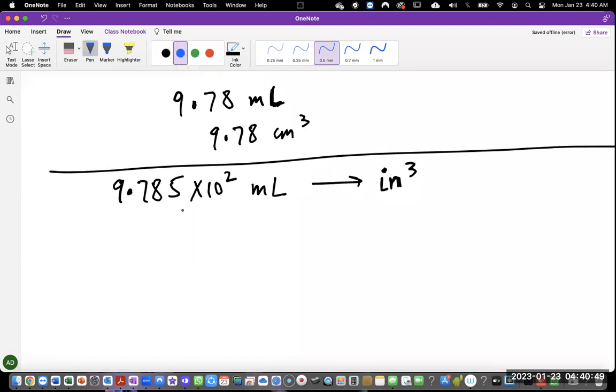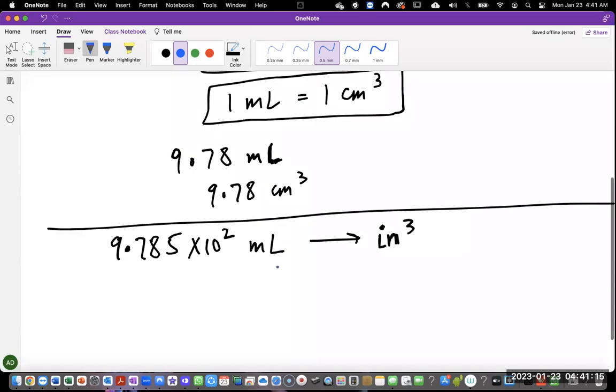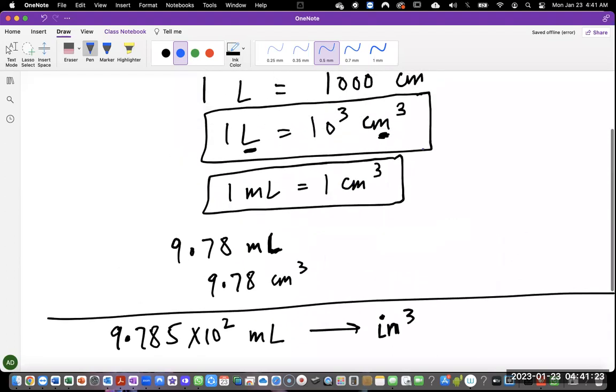Again, copy paste the number that is given. Before that, let's make a plan in our head for how this problem will work out. If you're going from mLs to inches cube, what connection can you think of? Whenever you have liter to a cubed unit, whether inches cube, centimeter cube, or meter cube, remember you're going to be using one of these two equations for sure.